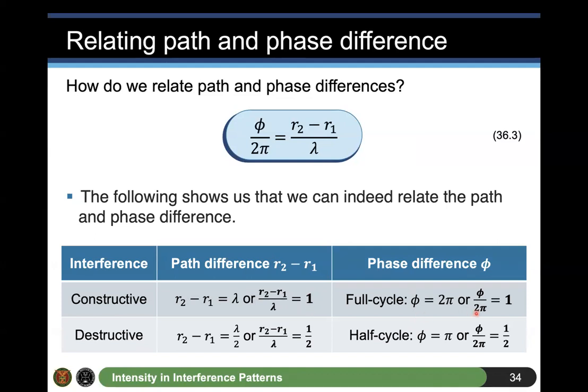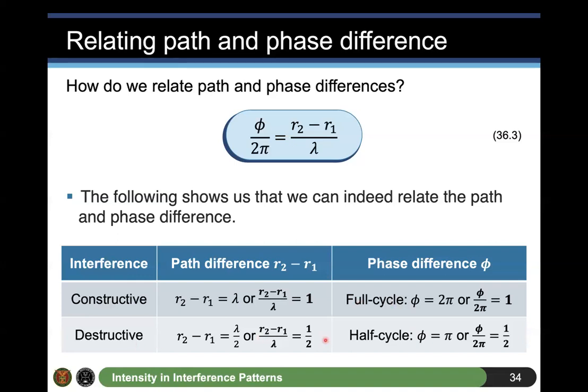Okay? Yung phase difference, ganun din. Kasi ang phase difference will be always 2 pi or full cycle. Okay? 0, 2 pi, and 4 pi, etc. So, if you take the ratio, always 1 din yung phase difference for constructive interference.